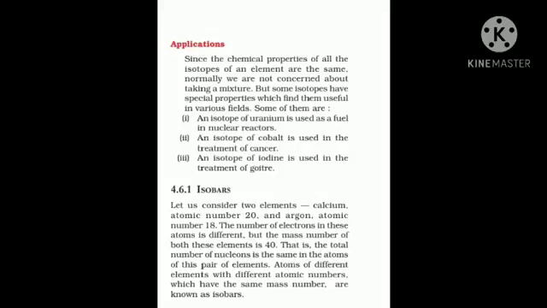That is, the total number of nucleons is the same in the atoms of this pair of elements. So, atoms of different elements with different atomic numbers which have the same mass number are known as isobars.